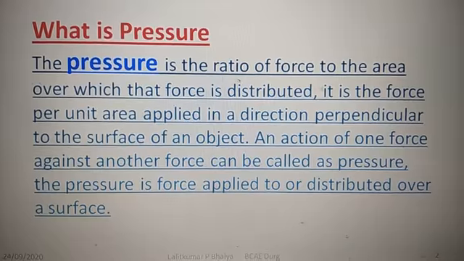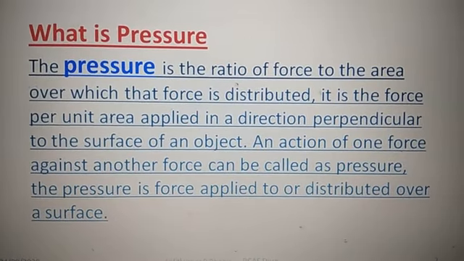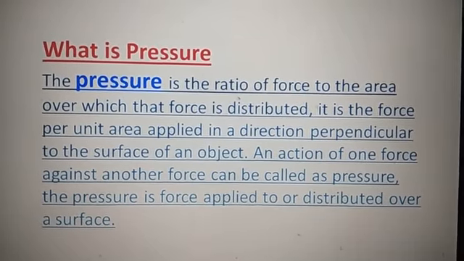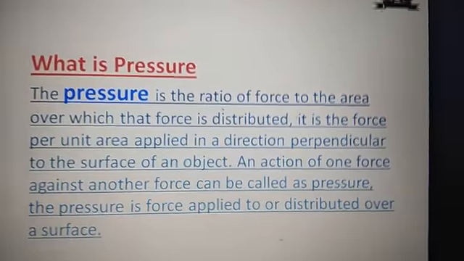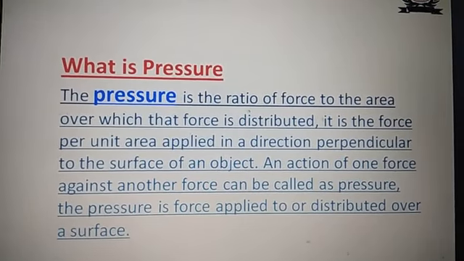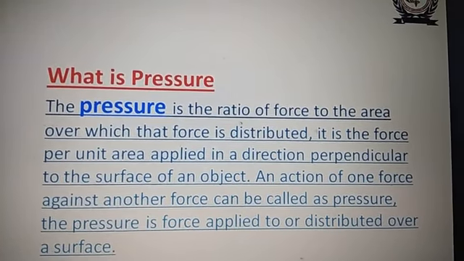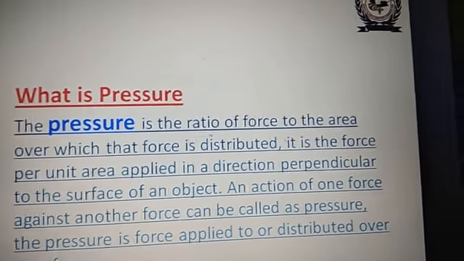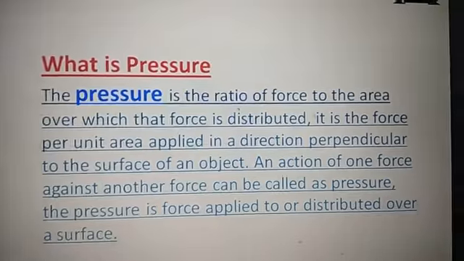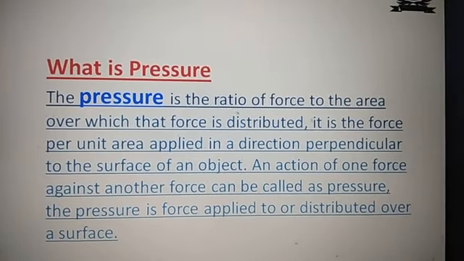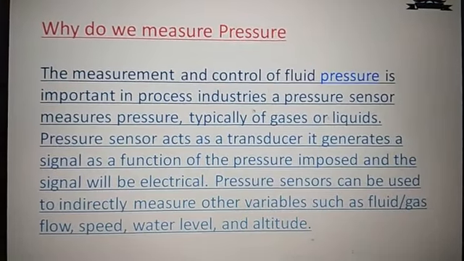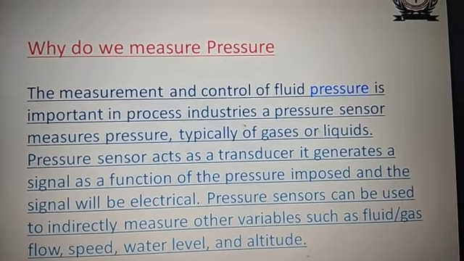Pressure is a force applied to or distributed over a surface. So, dear students, you understand this definition. Pressure is, simply, the ratio of force to the area over which that force is distributed. In the next slide we will see how we measure pressure.